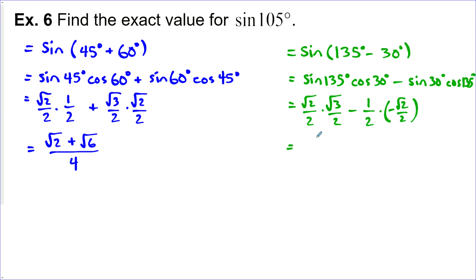So combining the first two terms, we get root 6 over 4, and the negative signs here will cancel, so we'll get plus, combining these two terms, root 2 over 4. And you can see that we ended up with the same thing as the first way, just with the numerator in a different order, but that really doesn't matter.